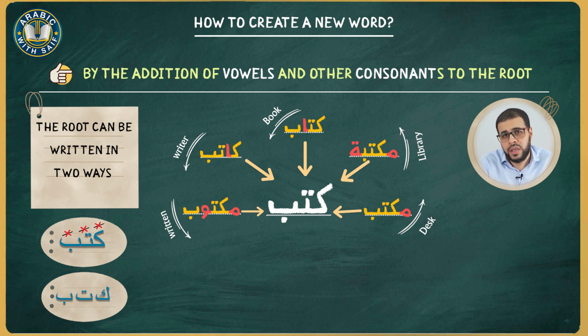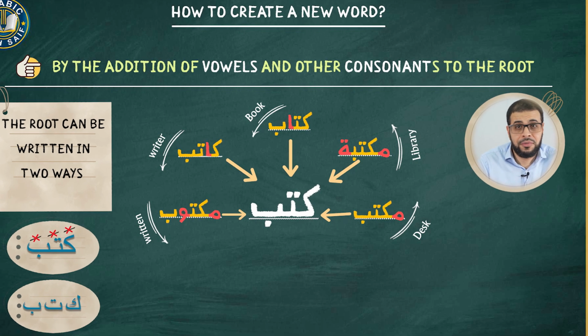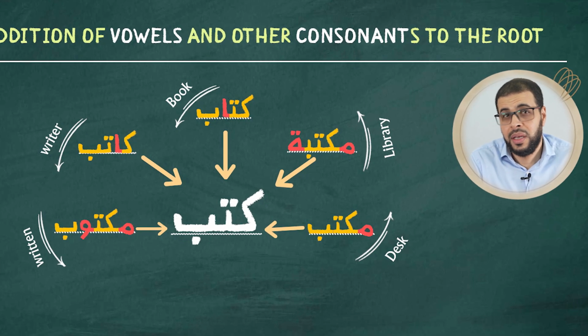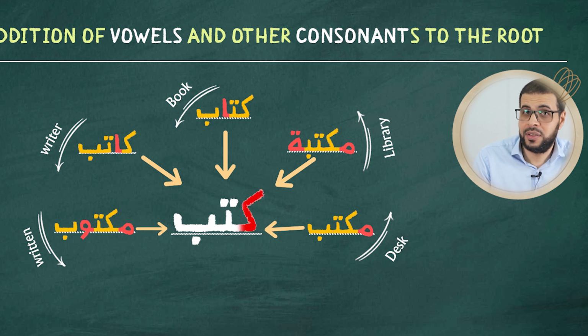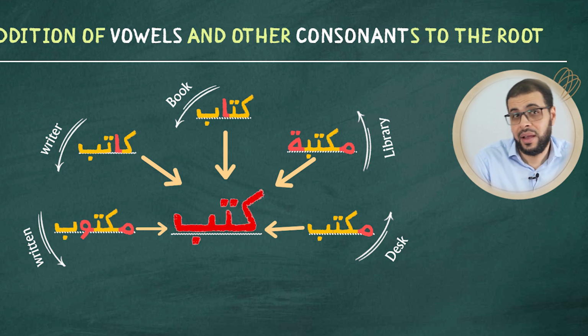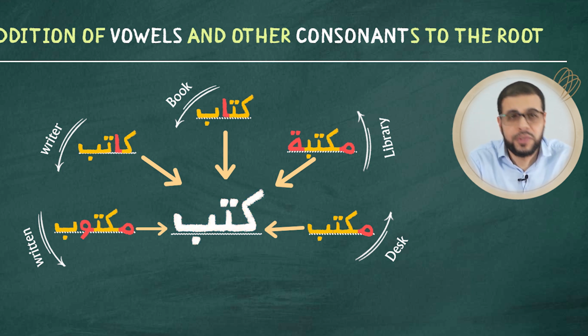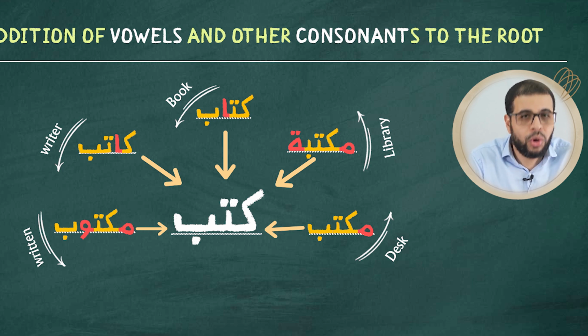Number two, if you look at the root kaf, ta, ba, or kataba, you will notice the letters order. Kaf comes first, then ta, and then ba. Now look again at the words formed out of this root. They have different numbers of letters, but all have the three root letters in the same order: kaf, then ta, then ba, regardless of the additional letters in between.